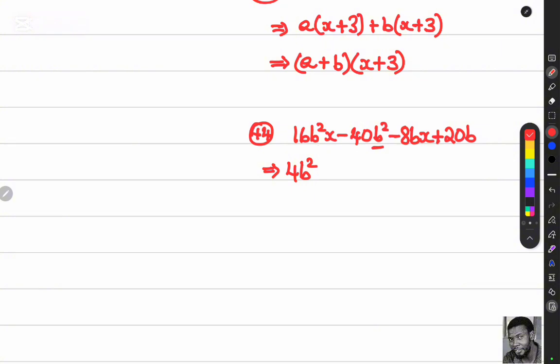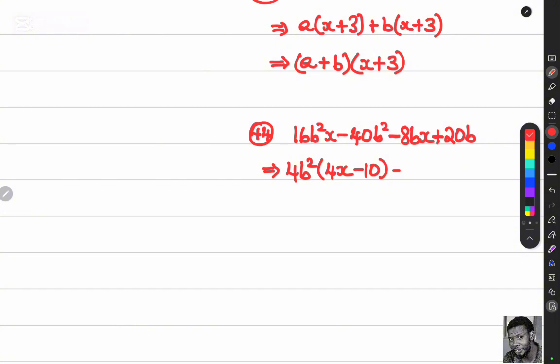Then you'll be left with 4x minus 10. And looking at the last one here, you can factor out a 2.